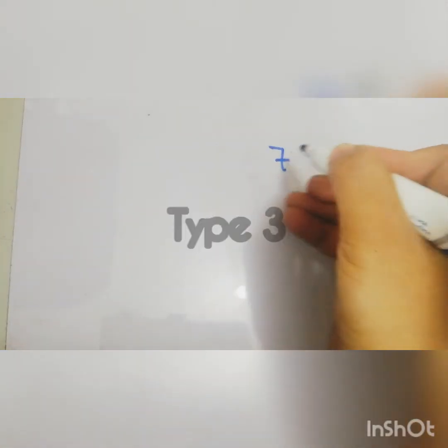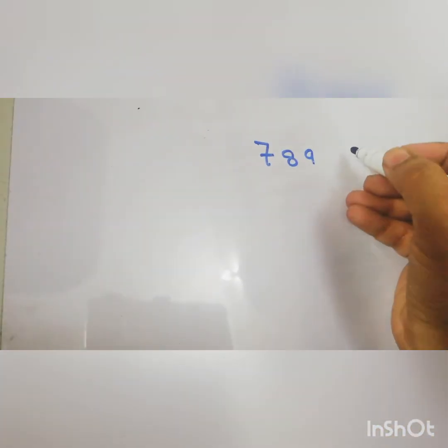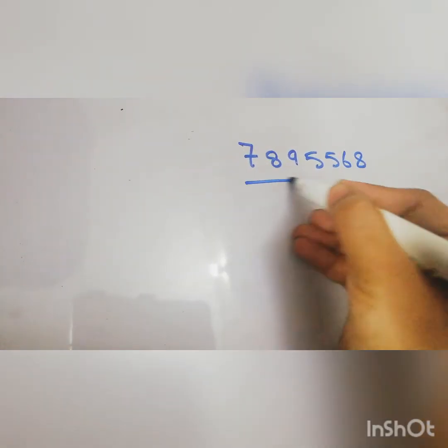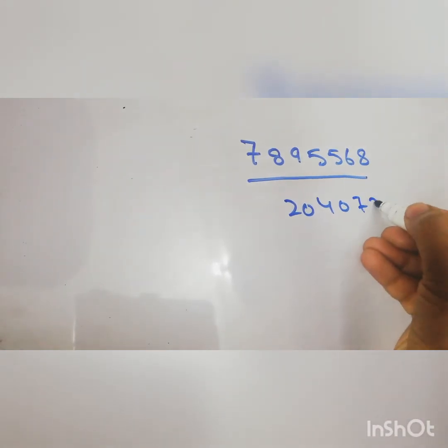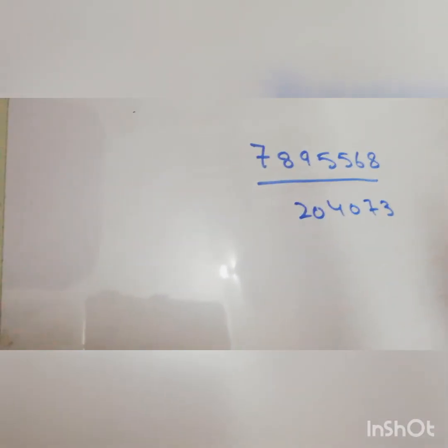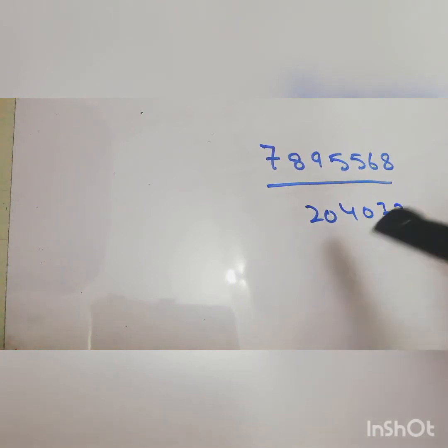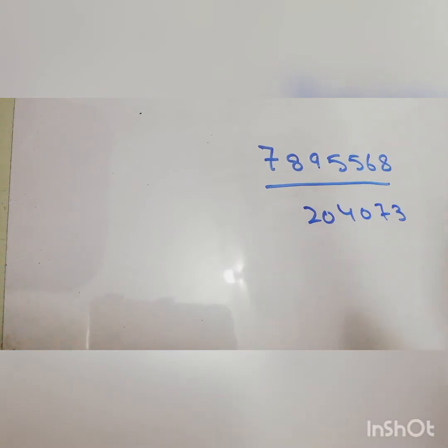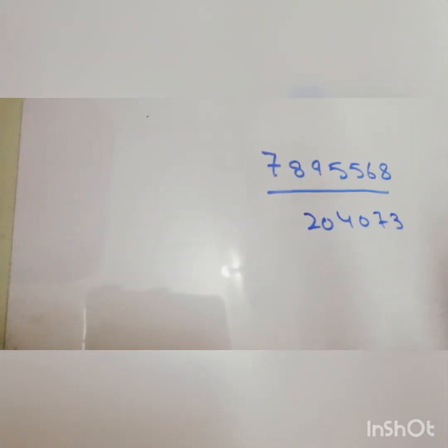Now friends, let us discuss type 3, in which I'll be taking a 6 or 7 digit number and I will divide it by a 5 or 6 digit number. For example, if I have a 7 digit number 7895568, and I have to divide it by a 6 digit number which is 204073. Now I will have to follow a rule.